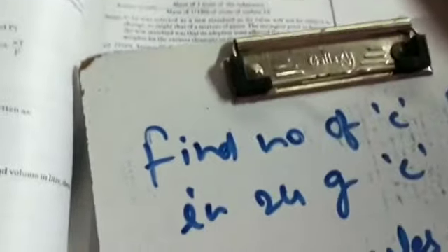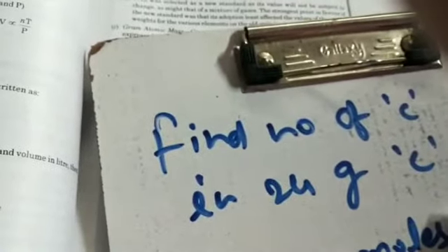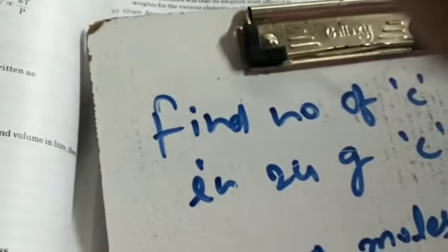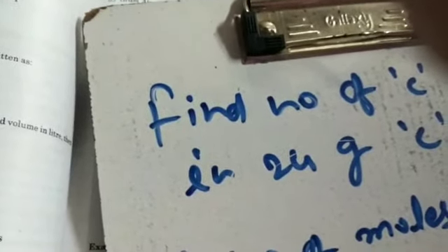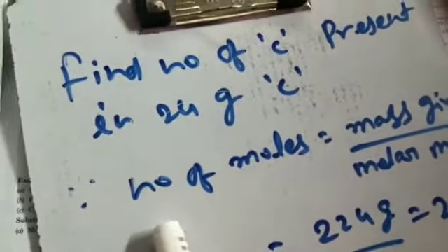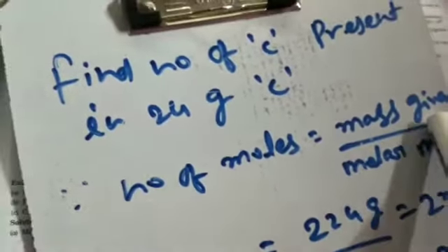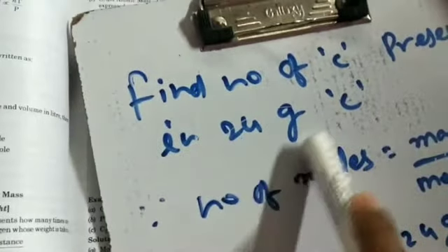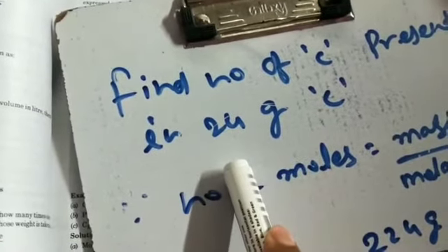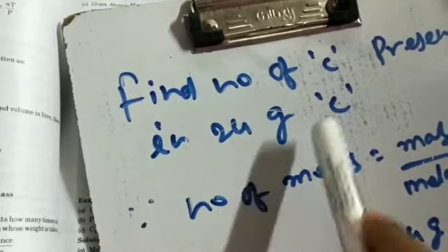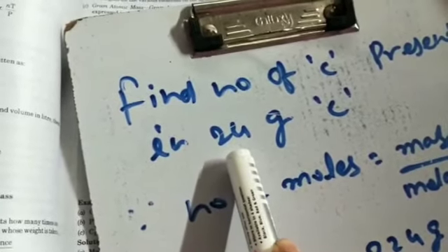For finding the number of carbon atoms present in 24 gram of carbon, you must find the number of moles. According to the formula we already explained, number of moles is equal to mass given upon molar mass. Mass given in the question is 24 gram.